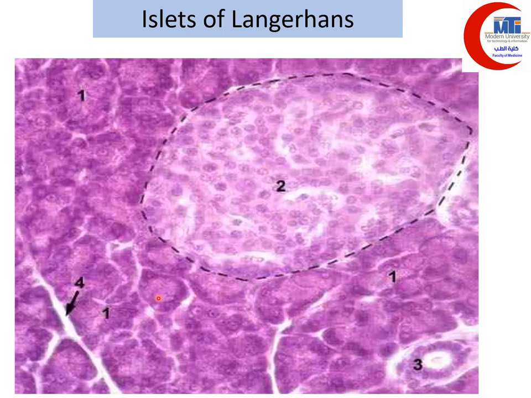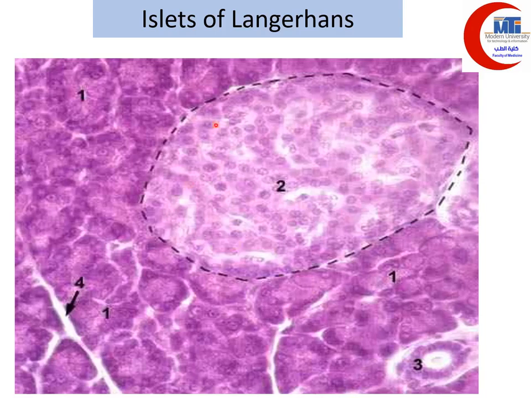The exocrine part is formed of pancreatic acini, which release the pancreatic enzymes directly into the ducts to reach the duodenum. And the endocrine part is called the islets of Langerhans.